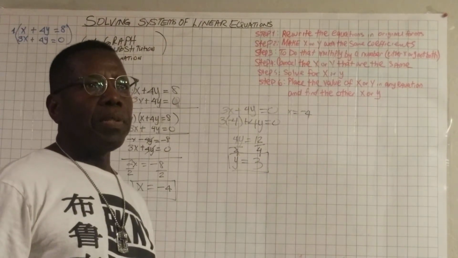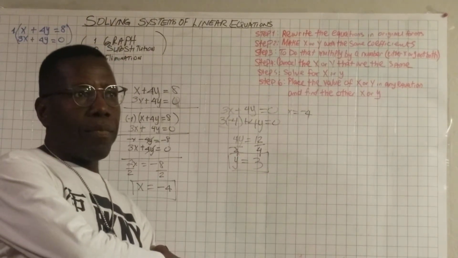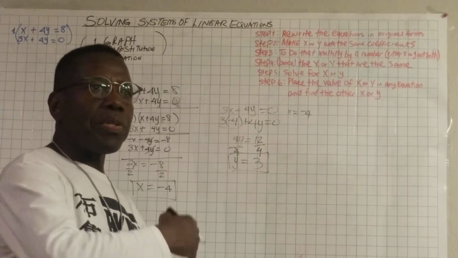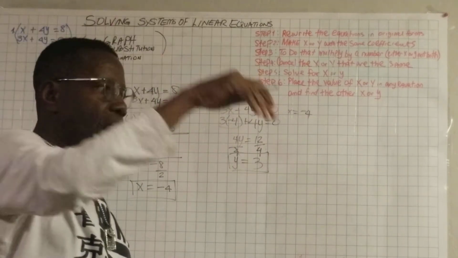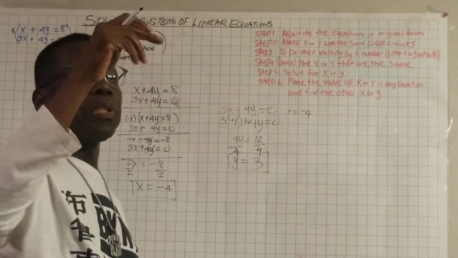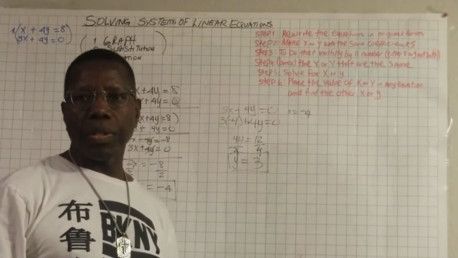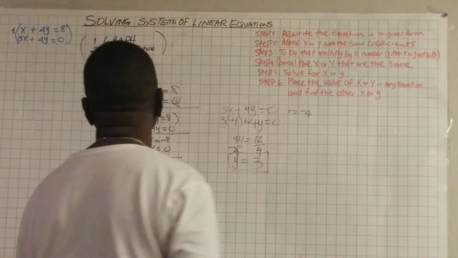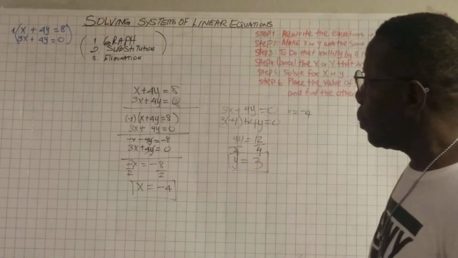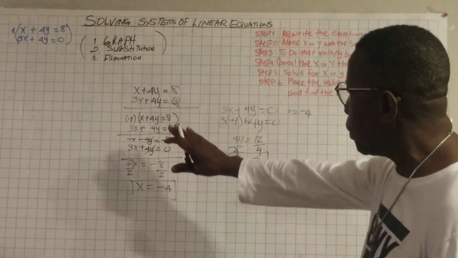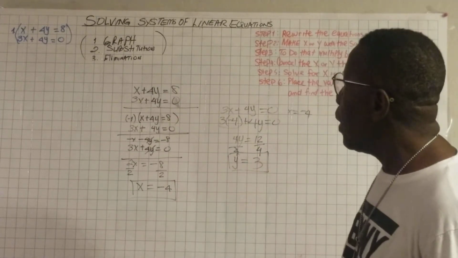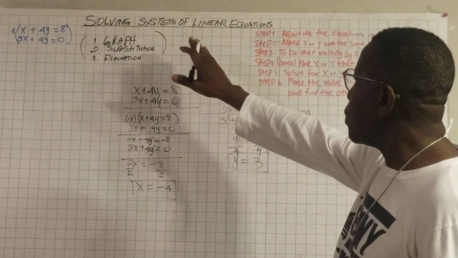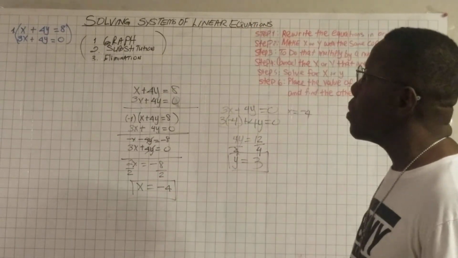If they overlap, that means you have an infinite amount of solutions, because any point on that line is a solution to your equation if they're overlapping in a graph. Or you can do it by substitution, which we showed you earlier, or you can do it by elimination. And these are the 3 ways that you can solve systems of linear equations.